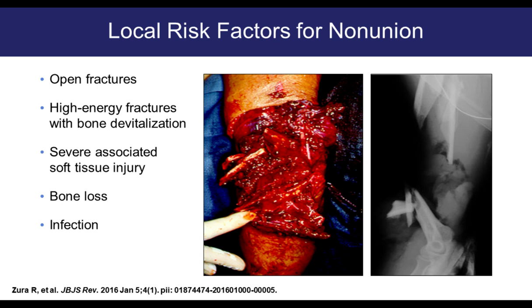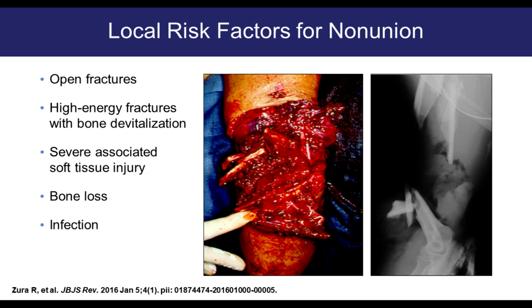As you get higher energy fractures with more bone devitalization, more severe associated soft tissue injury and bone loss, I think that's fairly well established. That's a high risk factor, a local risk factor for non-union. Unfortunately, in Dr. Mehta's case, we ended up with an infection. Infection is a risk factor for bones to not heal and to go into non-union. These are fairly well established and fairly well accepted, so we won't argue those.